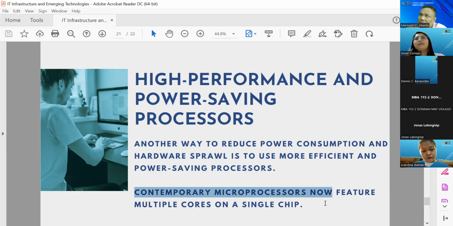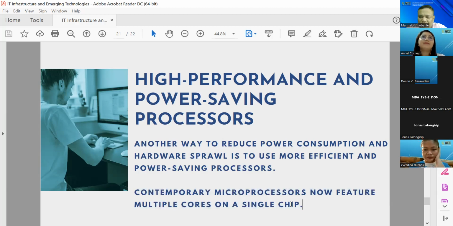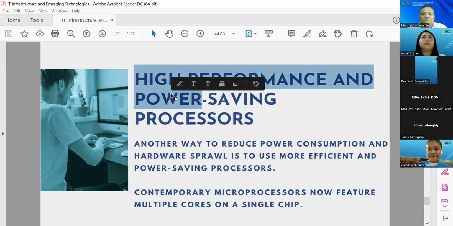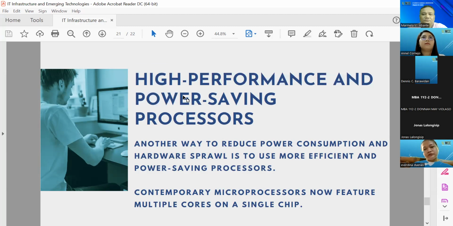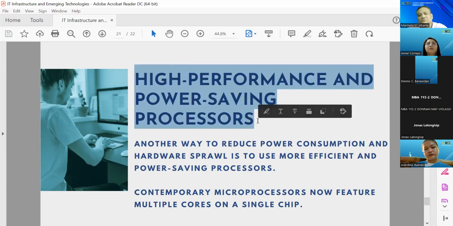So ito yung usong-uso ngayon pag bumili tayo ng mga ating mga laptops, mga PCs. Ilang core ba yan? Di ba yung Intel? Yung core ano ba yan? For mga ganun. So again, isa sa trend ngayon yung pag-invent na ating high performance and power saving processors.